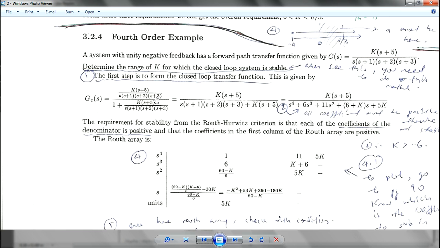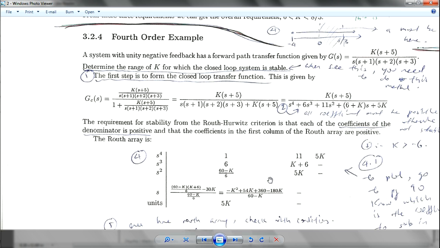If there is no K, then you have to add a K within here. It's the same thing, I will not explain it again, I explained it in the first video already. So it equals K(s+5), and so on. I just bring this denominator upwards. So you rearrange, and you realize that we have a fourth order system over here.